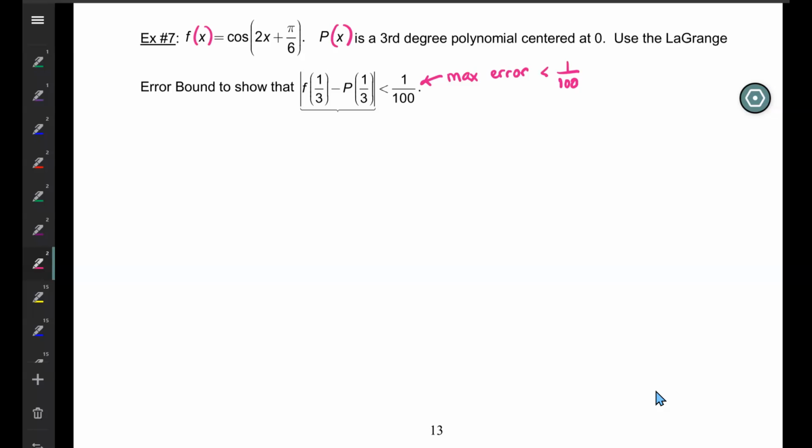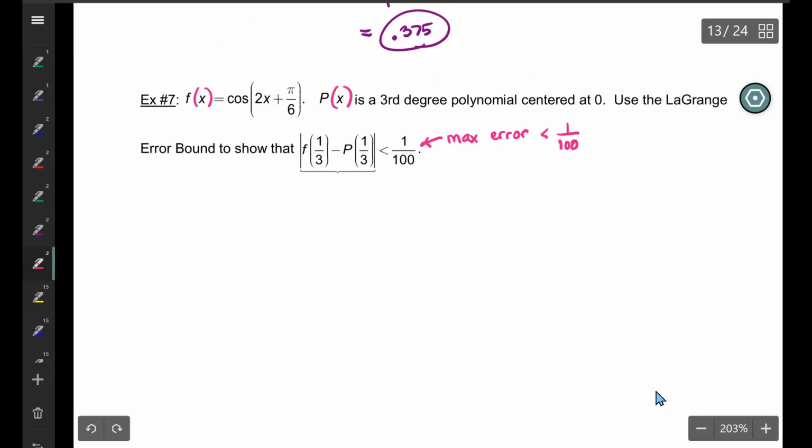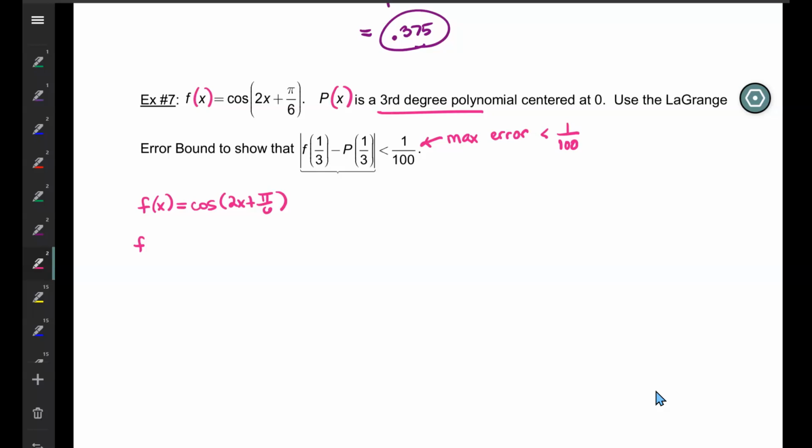Okay, so I am going to just figure out, we're starting with cosine of 2x plus pi over 6. Since I'm using a third degree Taylor polynomial, I'm going to go to the fourth derivative.